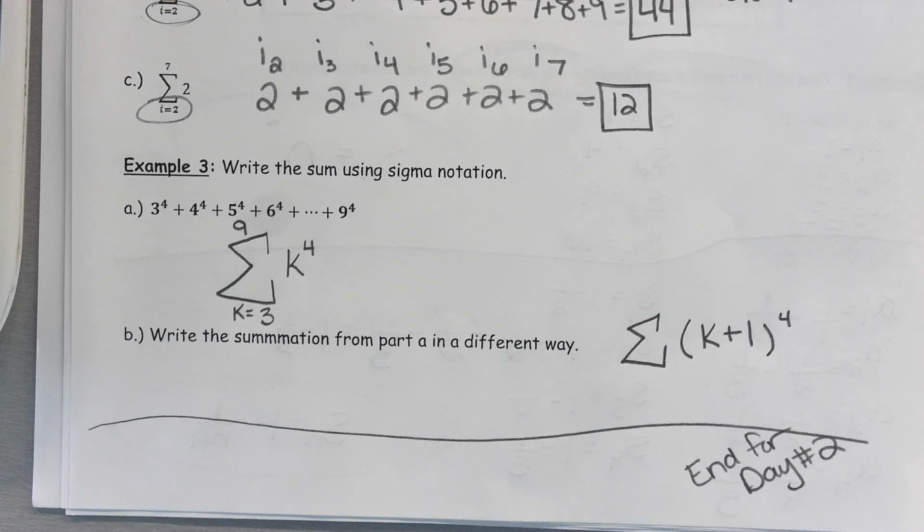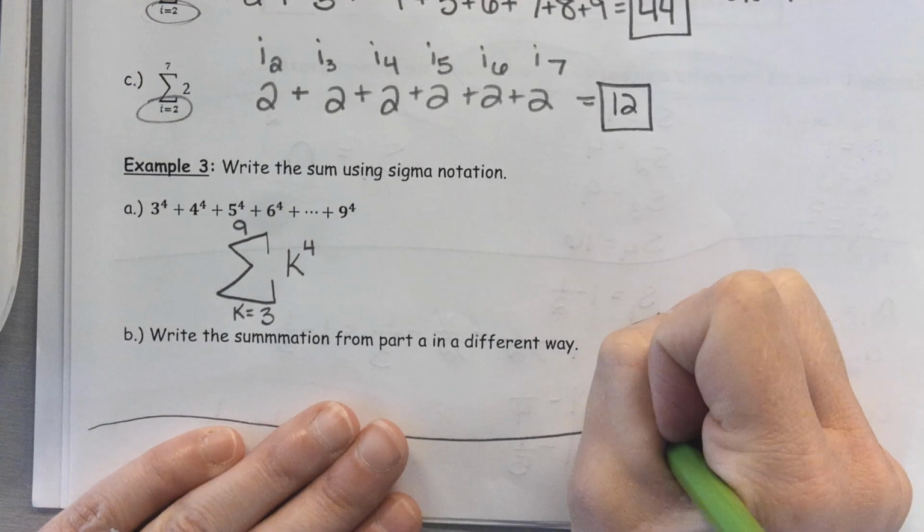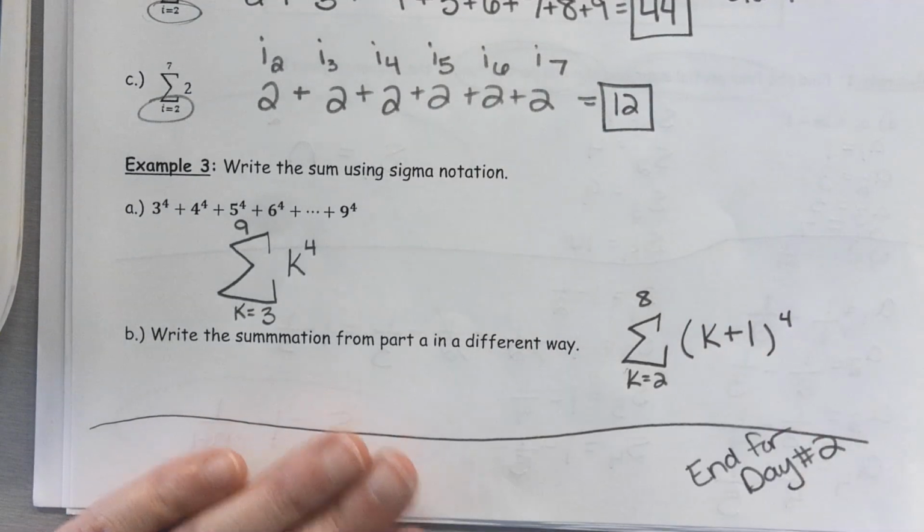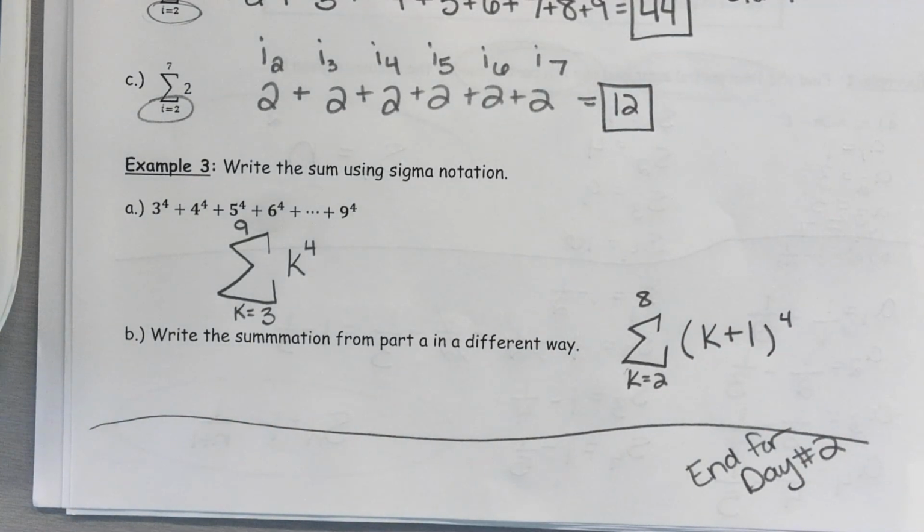Does that make sense? So if I put in k plus 1, where would my first k be? 2. And what am I going to go up to? 8. So do you see how if I went high enough in what I was adding, I could get into some negative numbers? That's why we say integers instead of just natural numbers here, because we could backtrack enough that we would have to start in the negatives.